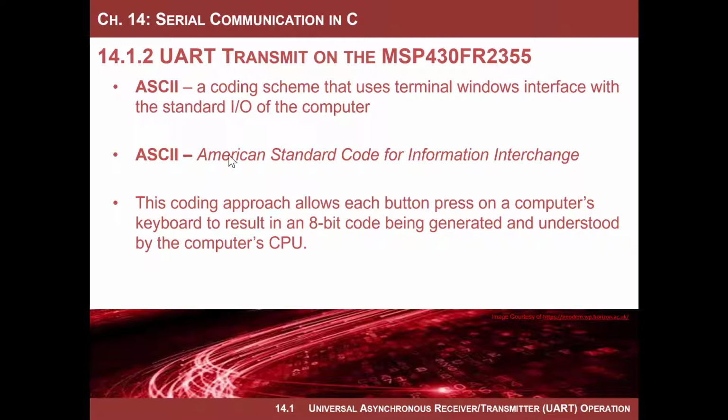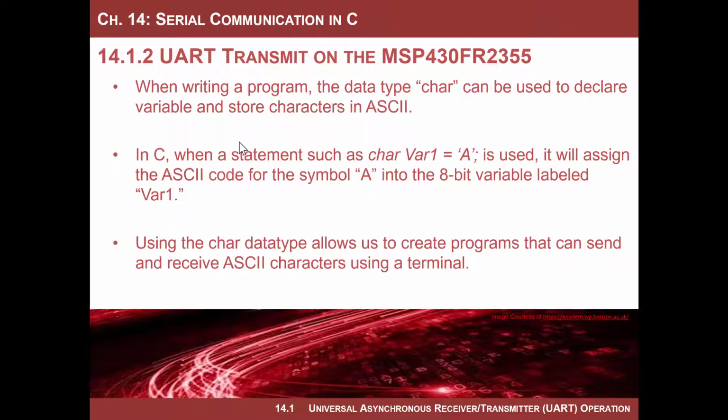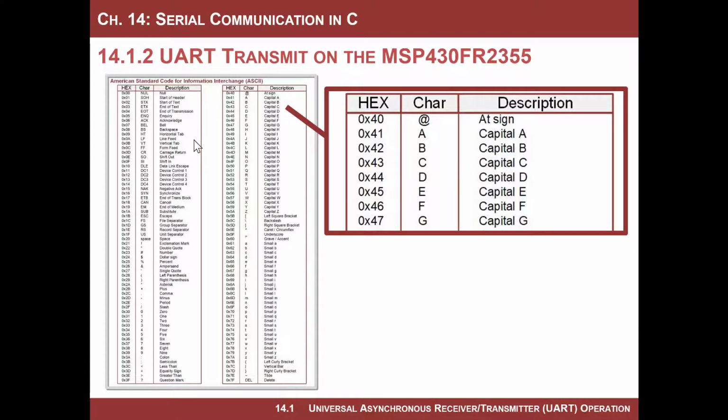This coding says that every single character in the American language, not just A, B, C, but capital A, lowercase a, capital B, lowercase b, is assigned a unique 8-bit code. When they came up with this standard, that was the way that computers were able to send English messages back and forth. Here's an example. If I look at the hex code for capital A, it's 41.